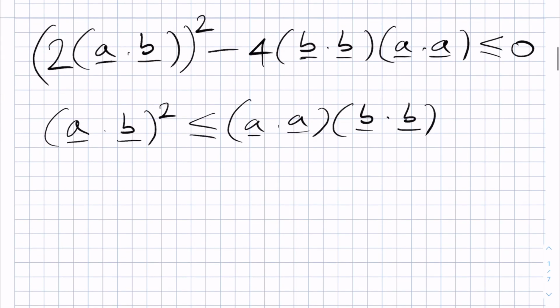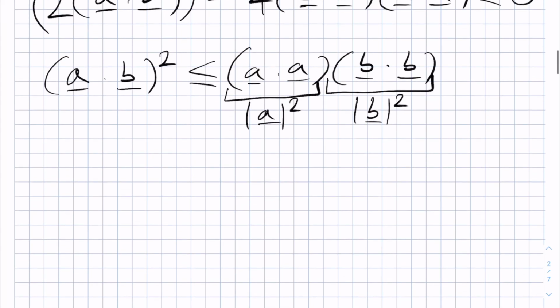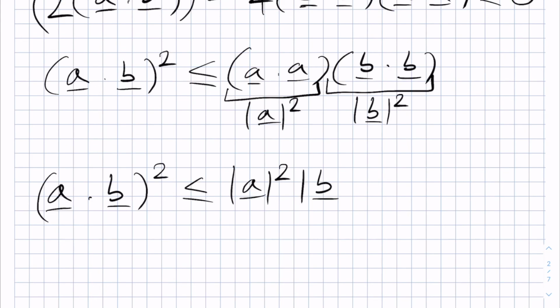We note that a dot a is the modulus or magnitude of a squared, and this is the same but with b. And so we arrive at the Cauchy-Schwarz inequality for dot products that we wanted to derive.